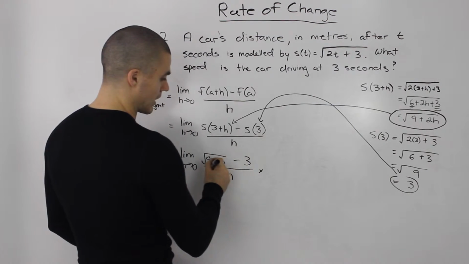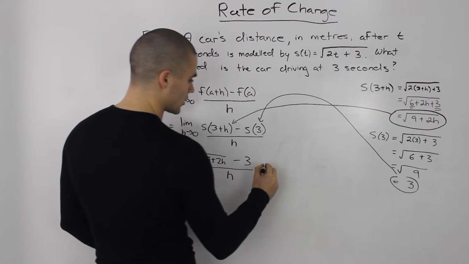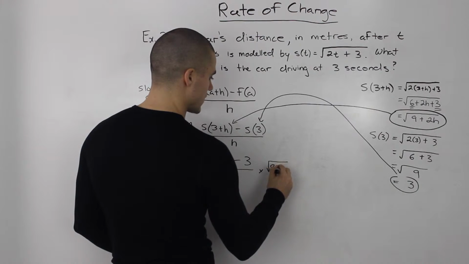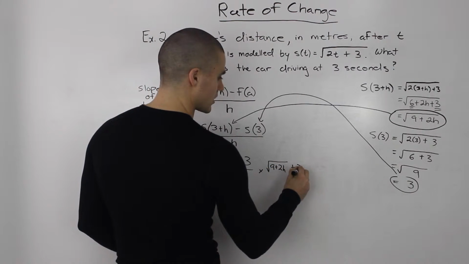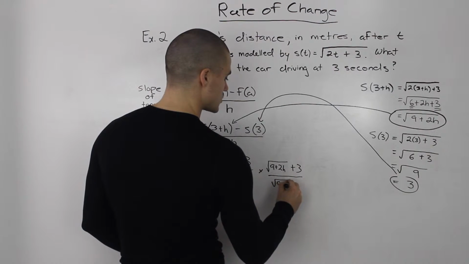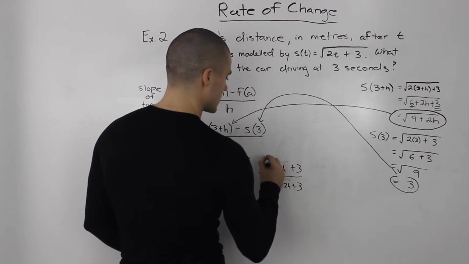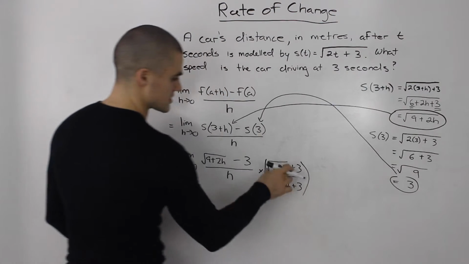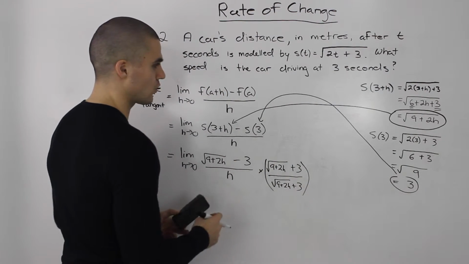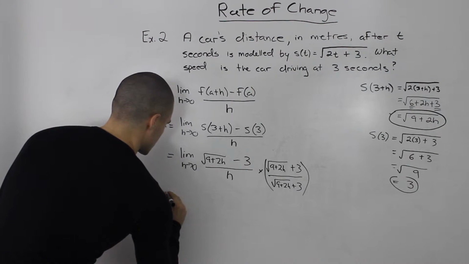So we're going to multiply it by the numerator's conjugate, which is the square root of 9 plus 2h plus 3 all over the square root of 9 plus 2h plus 3. Okay, so this is like multiplying the equation by 1, which keeps it the same, but it's going to change the format.